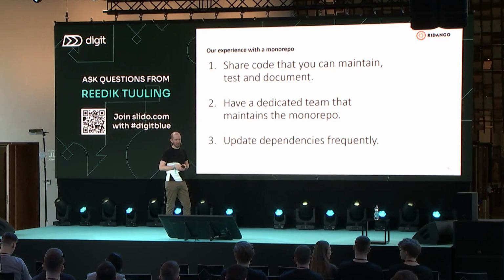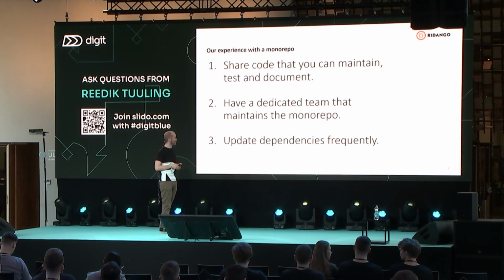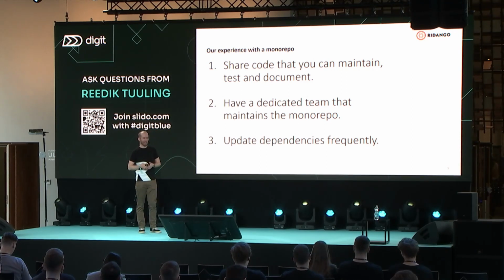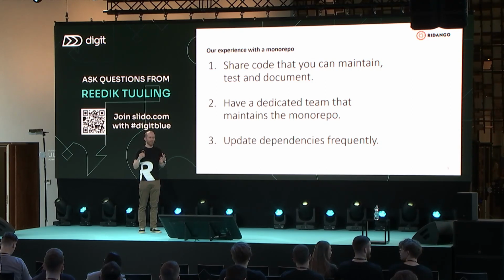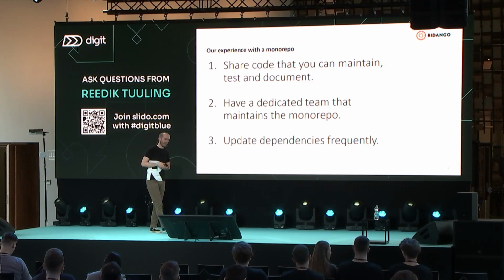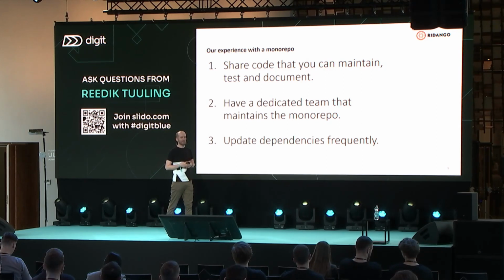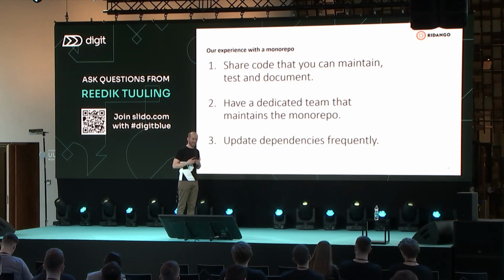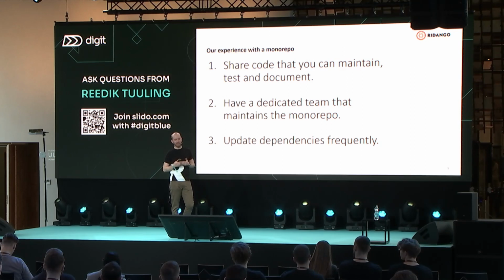So what we decided was, first of all, we only share the code that we actually see is worth sharing, that more than one application uses. And also the requirement is that it has to be tested, documented, and maintained.